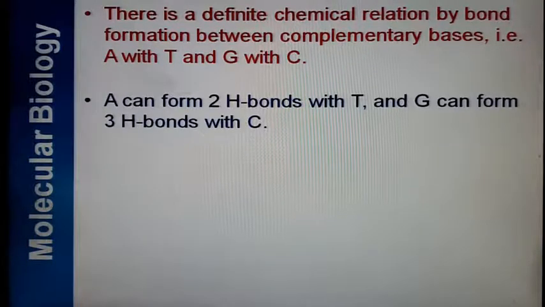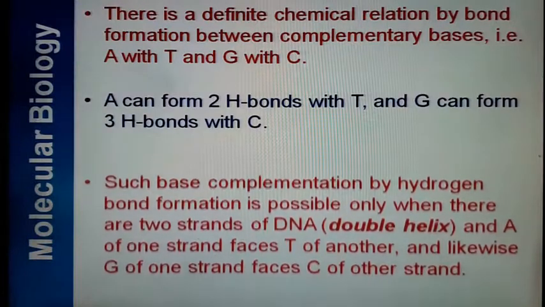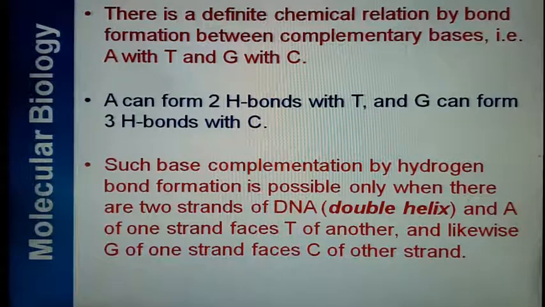Now this face-to-face relation suggests that DNA should have 2 strands, and these are held together by the formation of hydrogen bonds. A of one strand faces T on the other, G on one strand faces C on the other.